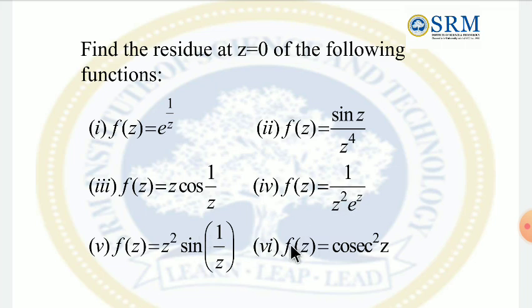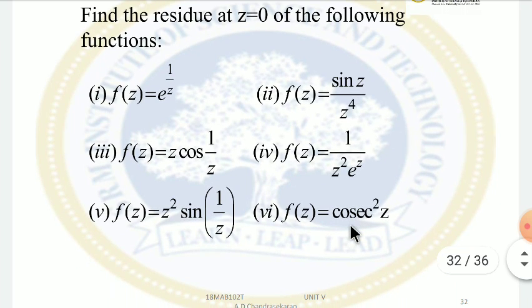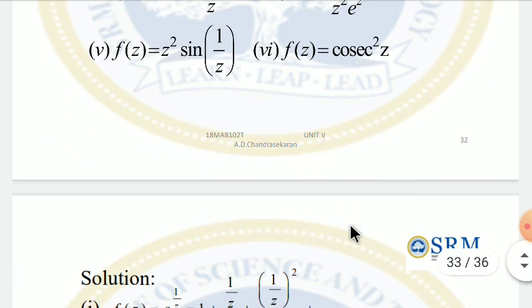Here use sine. Here we use 1 by sine. I think cosecant square is 1 by sine square. So use that idea. Don't apply the limiting idea, because when you apply the limiting case, it fails completely here. It doesn't work.